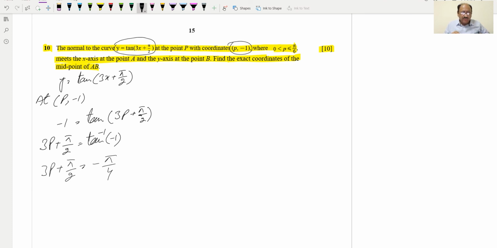We can sketch the quadrants and check the values. We require the negative values, so A, C, T and S. Negative values will be in these two quadrants, and we will be checking for pi by 4, and pi by 4 will be what?